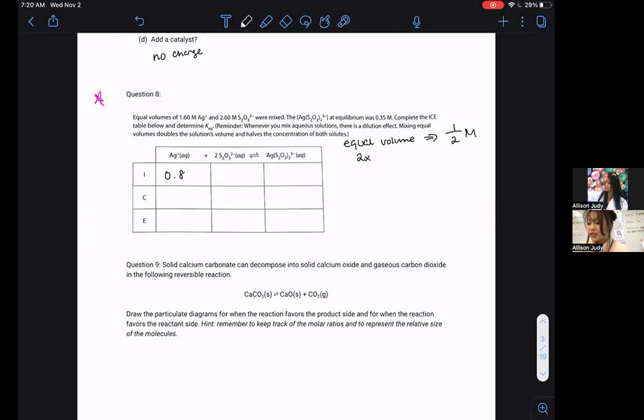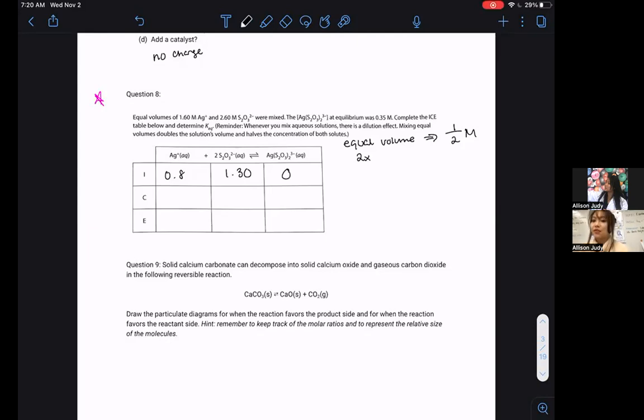Honestly, you don't need to include the molar because we're assuming here that you're already in molar, so we're just going to tack on that unit at the end. And then we were told that S2O3- was 2.6 molar. Now in its mixed diluted environment, it would be half that, so 1.30 molar, okay? We're in equilibrium with the production of AgS2O3, and we are told, obviously in the beginning, that we don't have anything, right?